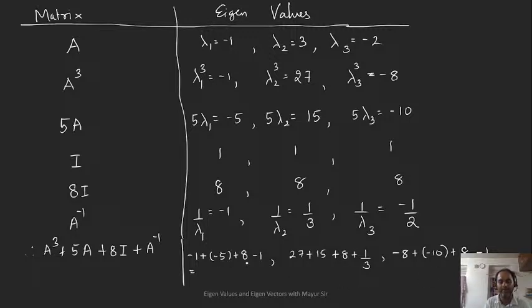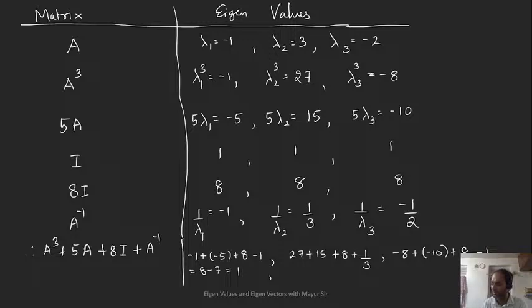So the final answer is going to be: -1 -5 and -1 again here, so this is basically 8 minus 7, that is 1. Here you will have 27 plus 15 plus 8 plus 8 plus 1 by 3.